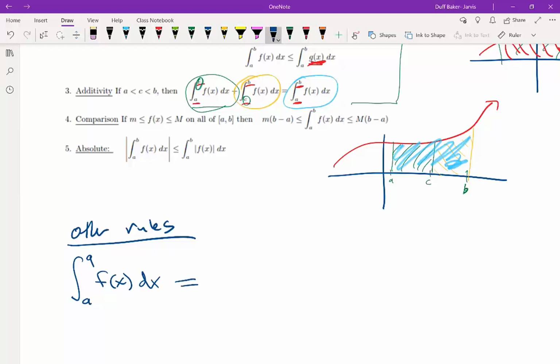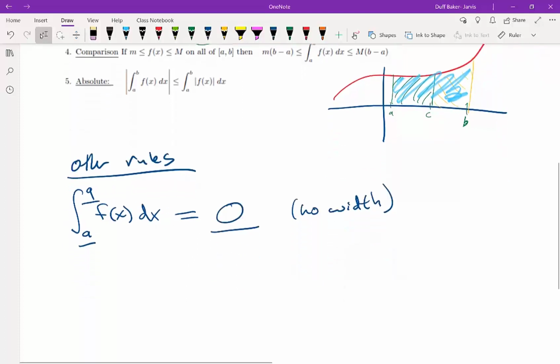Well, this is basically a convention or a definition, and also a consequence of the definition, that it's just zero, right? Because there's no width. It's sort of like if you ask, what's the area of a rectangle that has zero width? And we usually call that zero, right? So if you have the same number on top and bottom, the answer is always zero. You don't have to think any further.